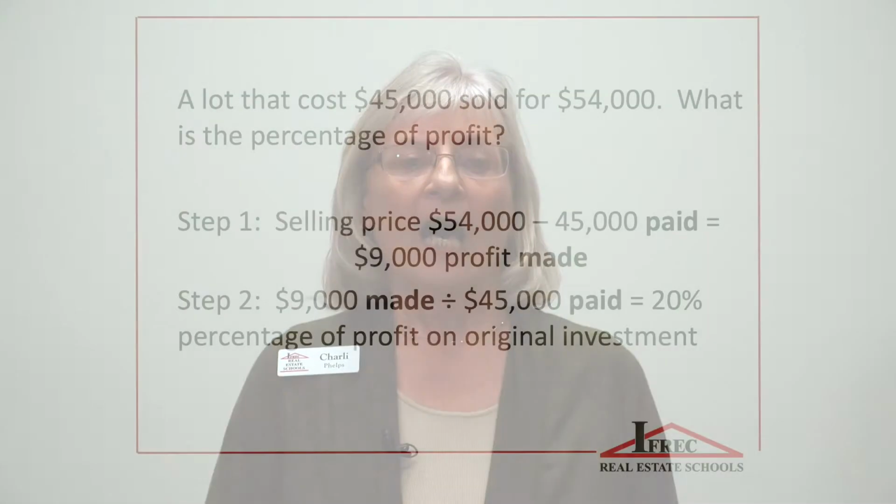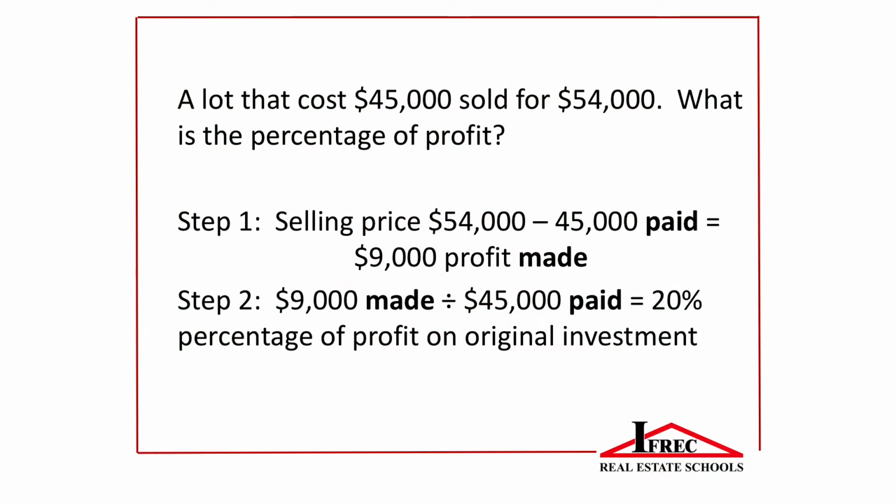Now, sample question number one. A lot that cost $45,000 sold for $54,000. What is the percentage of profit? Two separate steps. Step number one, the sale price was $54,000.